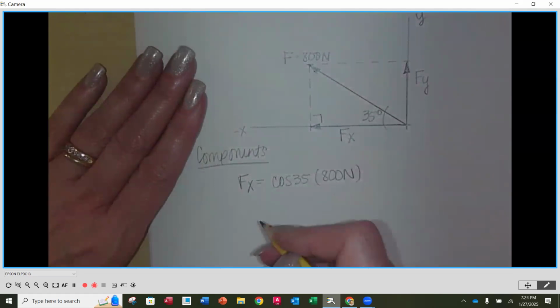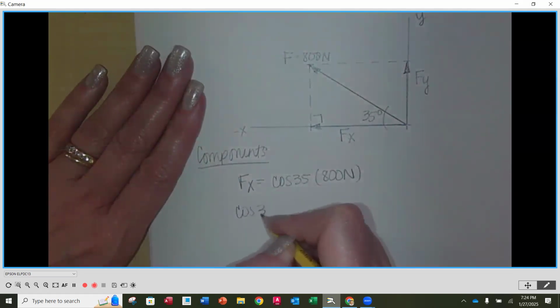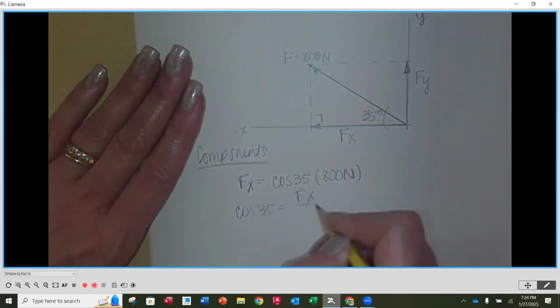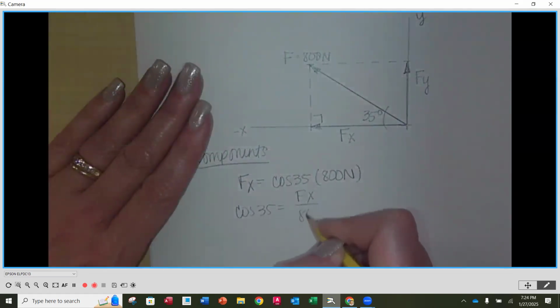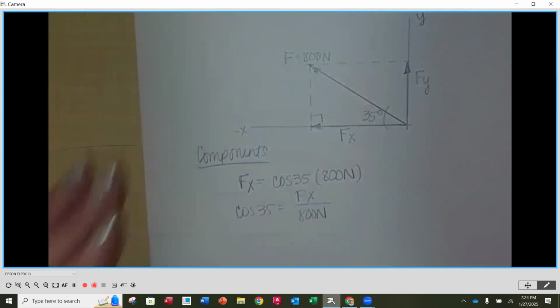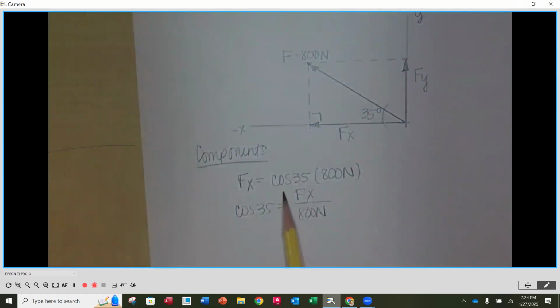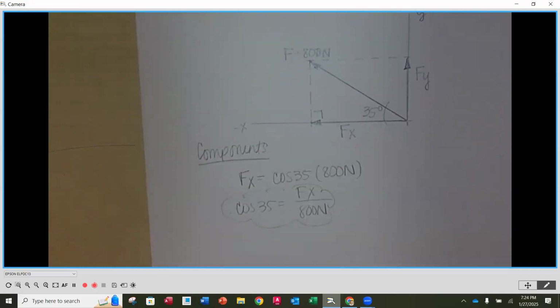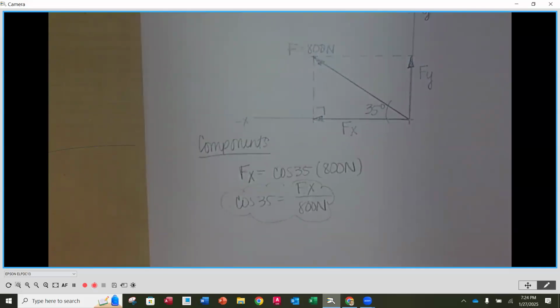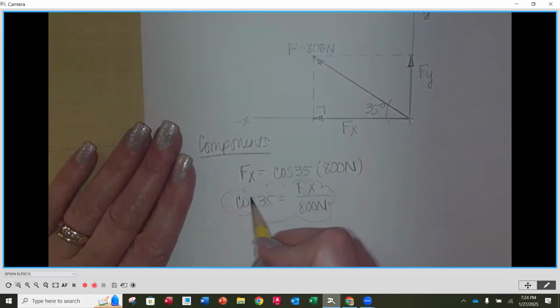Its formal form is the cosine of 35 is equal to FX over the 800 newtons, the hypotenuse. So this is kind of where that's coming from. I'm putting FX right away and then multiplying the 800 up times the cosine. Just make sure everybody sees that. If you want to start with this step first, that's totally fine.